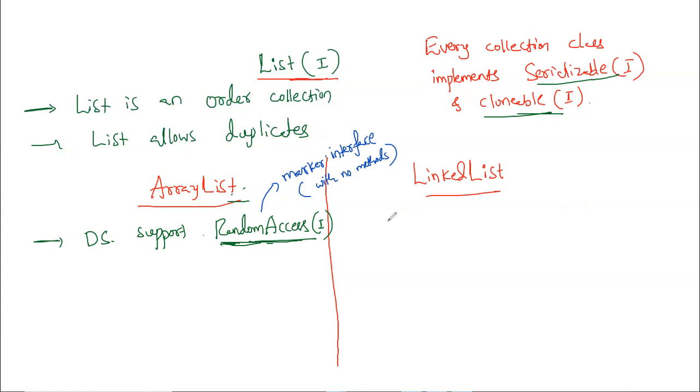Then for LinkedList, the internal data structure support is, anybody aware of this? Doubly linked list. Is the order preserved here? In ArrayList, the order is preserved.